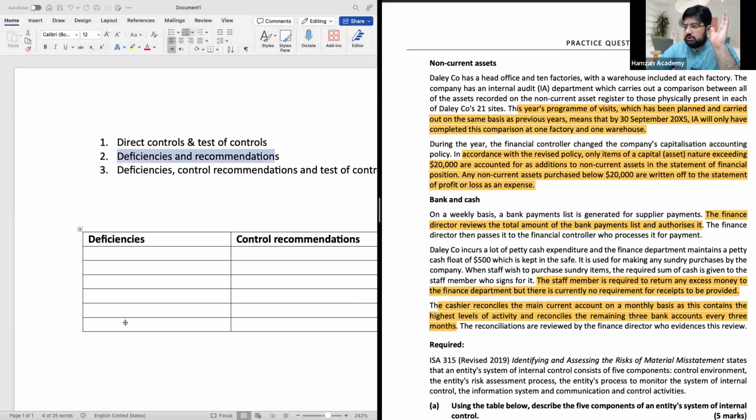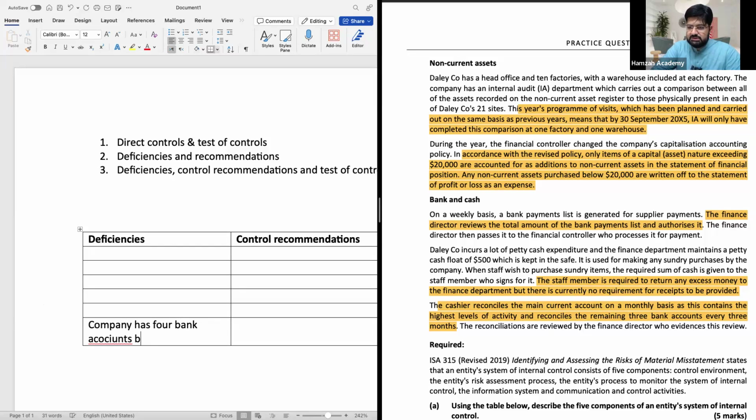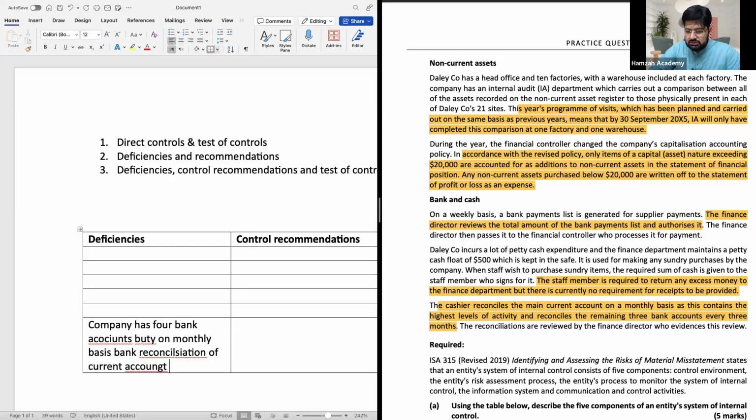So very easy. I am starting with the last one. The company has 4 bank accounts, but on a monthly basis, bank reconciliation of the main current account is prepared.